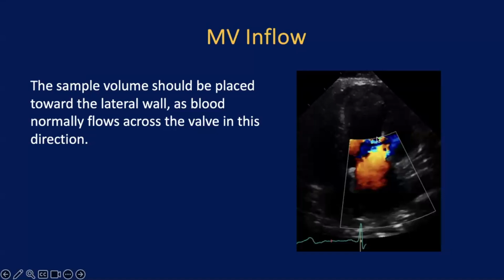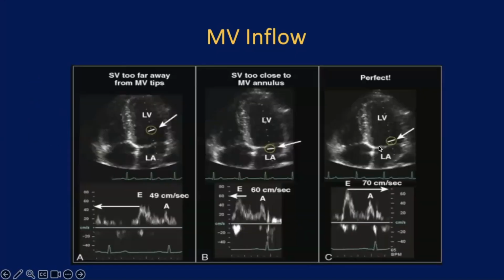And the more disease you have in the mitral valve and the LV, the leaflet, instead of just opening normally, will start to open toward the lateral wall. So do not place it exactly at the center. Try to lean a bit toward the lateral wall. I know you do not pulse it like in this image, but this is an example of how much the E wave will be affected just by a different position.